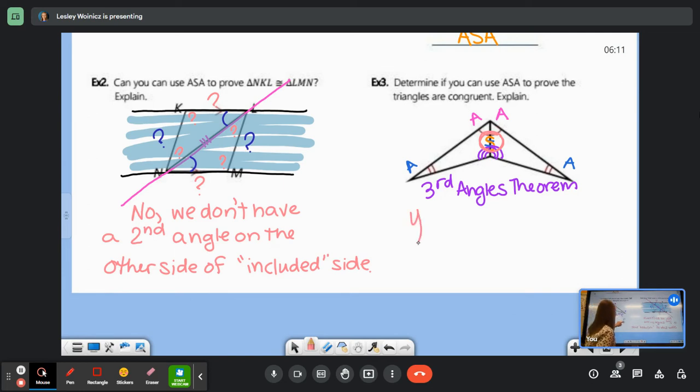So yes, but only after using the third angles theorem.